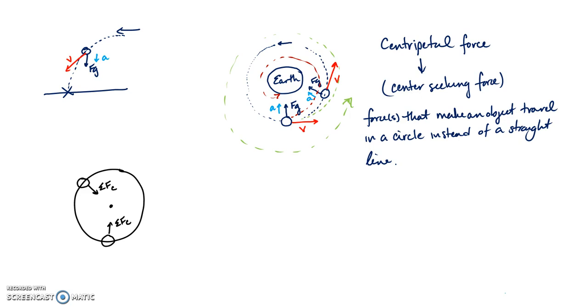And with that centripetal force, we want to understand that we're going to have acceleration that is parallel to it because it's an unbalanced force. And then we're also going to have a velocity that is tangent. So if I'm going this way, velocity is tangent. So now technically the velocity is changing for us to have acceleration because the direction is changing.